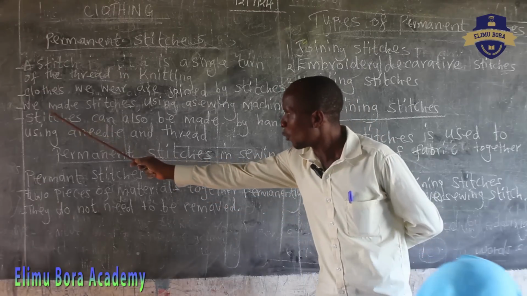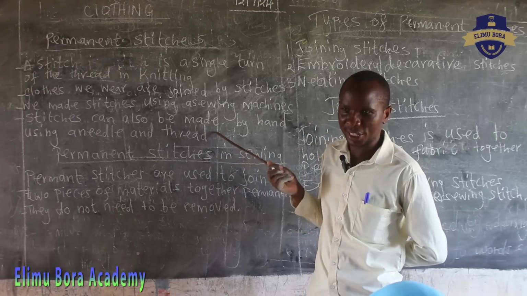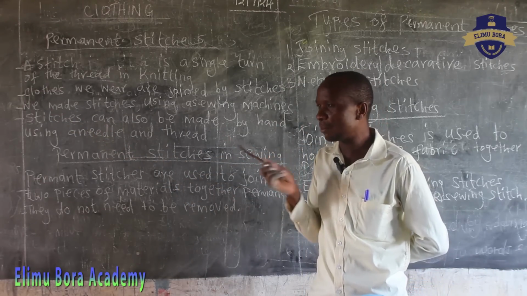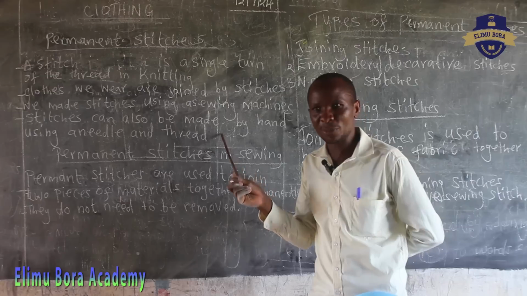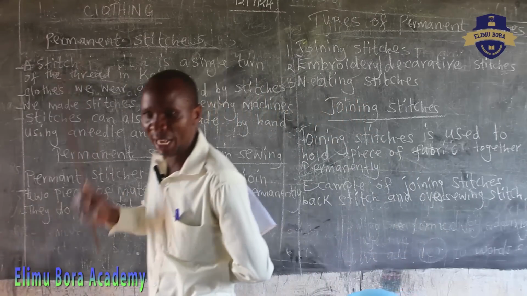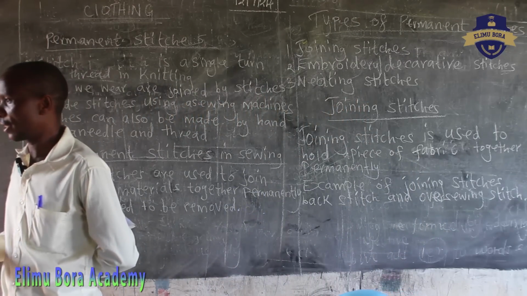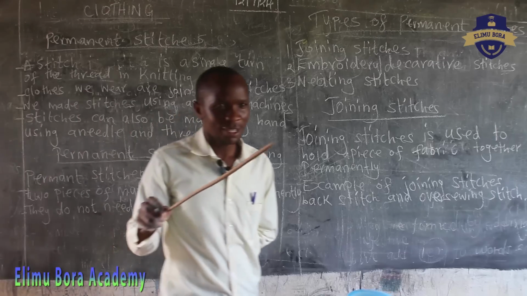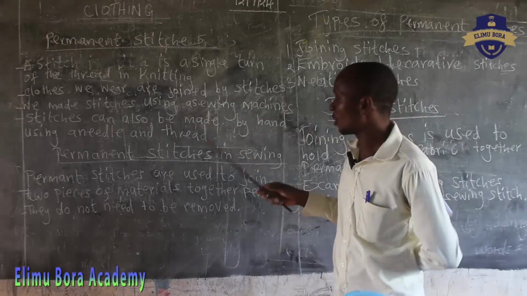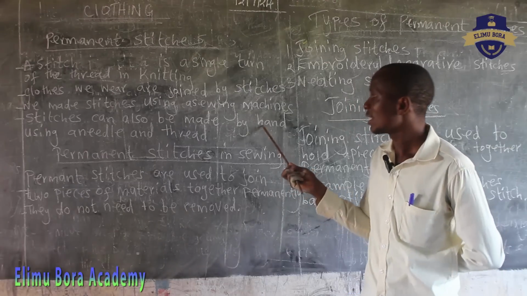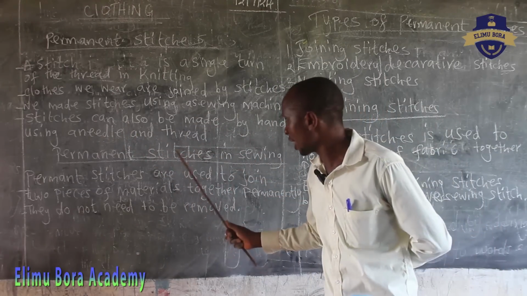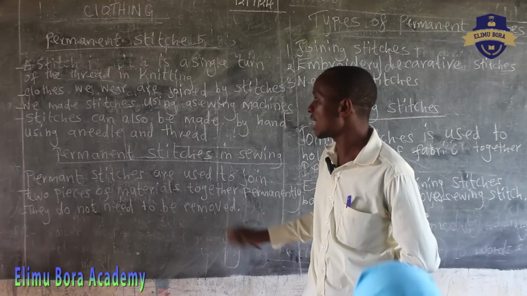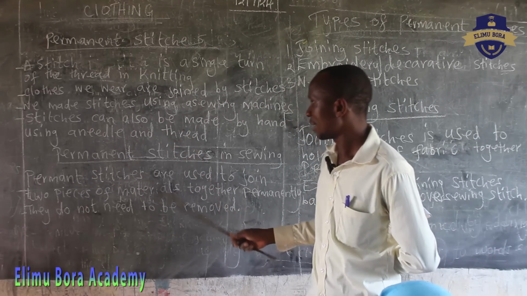Stitches are made by use of sewing machines. Apart from sewing machines, we can also make stitches using our hands, by use of needles and thread.